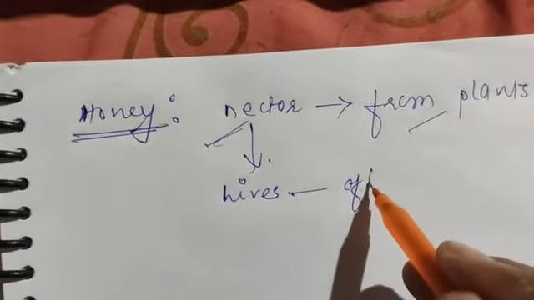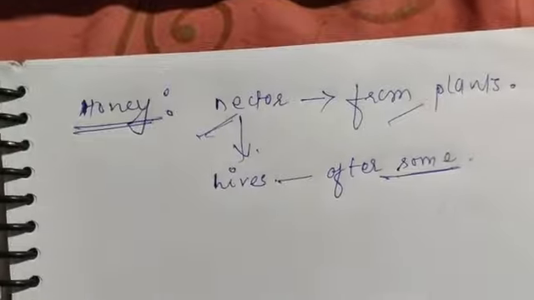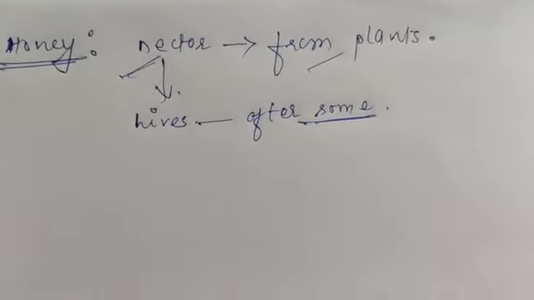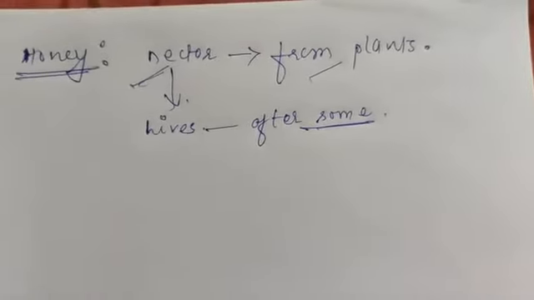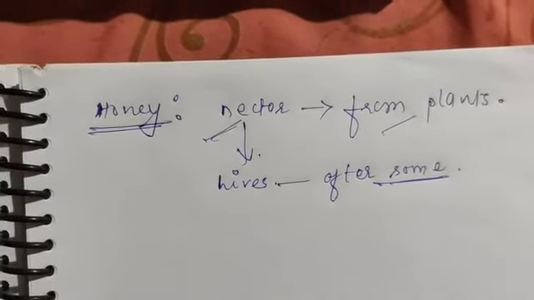After some time, the nectar is converted into a dense liquid which is called honey.